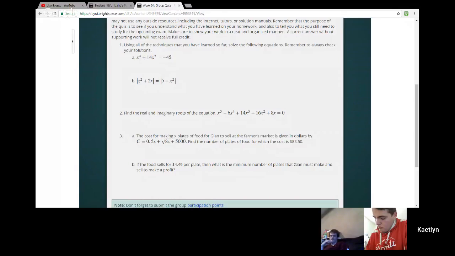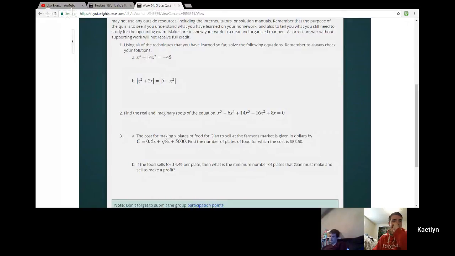What I did first is I added the x squared over first. Then you have 2x squared plus 2x equals 5. And then you subtract the 5 over, so you get 2x squared plus 2x minus 5.